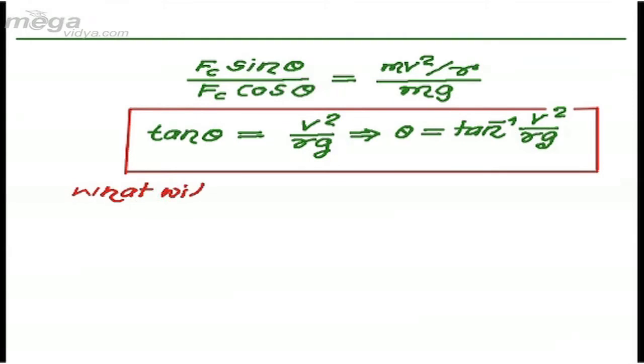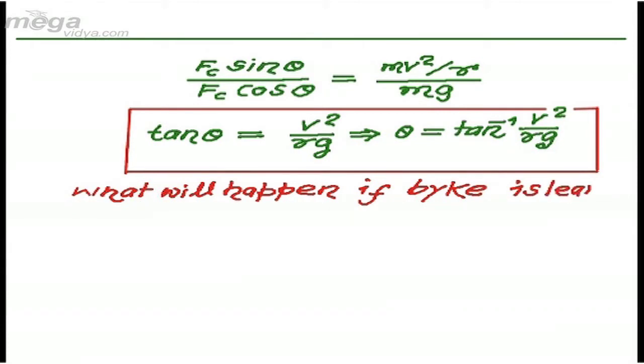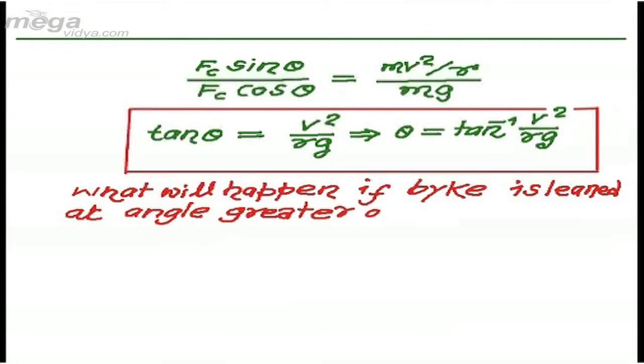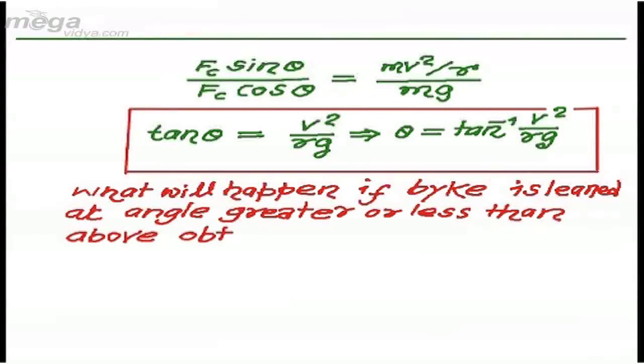What will happen if the bike is leaned at an angle greater or less than the above obtained value?